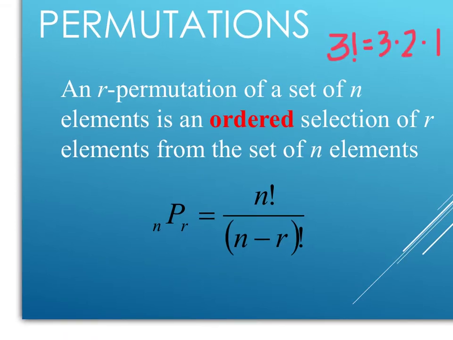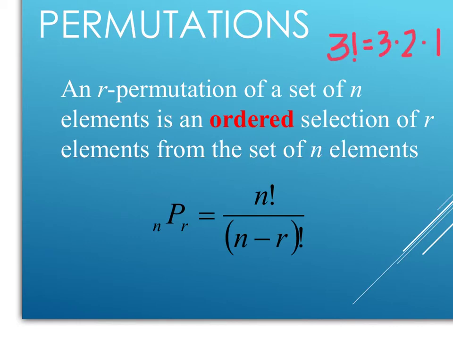So the factorial part is just, 3 factorial, for example, would be 3 times 2 times 1. 4 factorial would be 4 times 3 times 2 times 1. 5 factorial would be 5 times 4 times 3 times 2 times 1. So you just take this number and each subsequent number and multiply those together.